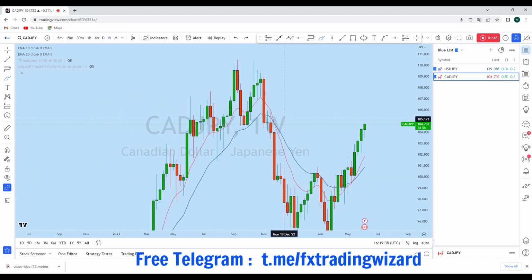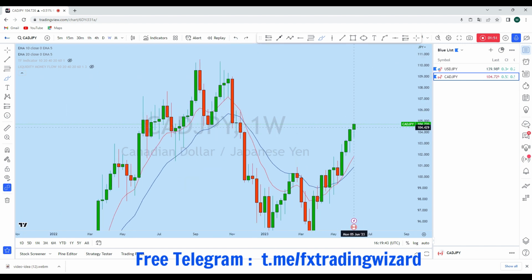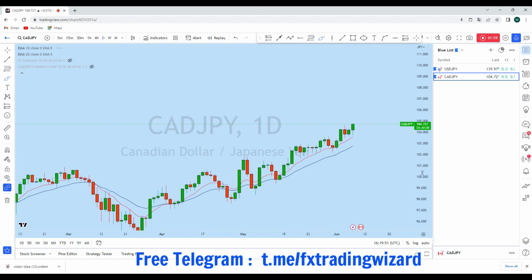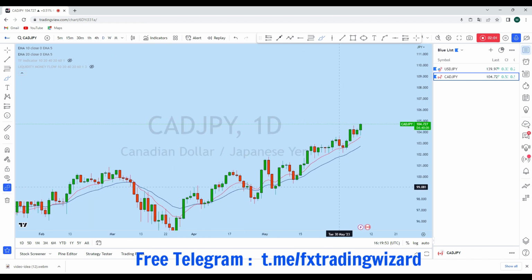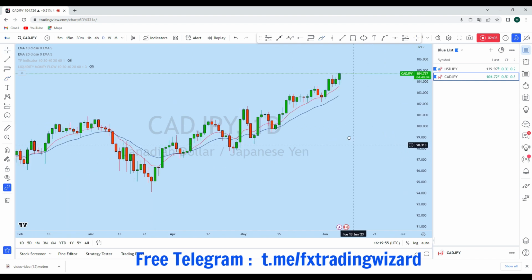There is no significant resistance nearby, so we can see CADJPY moving to the upside and even creating a new higher high from the weekly perspective.